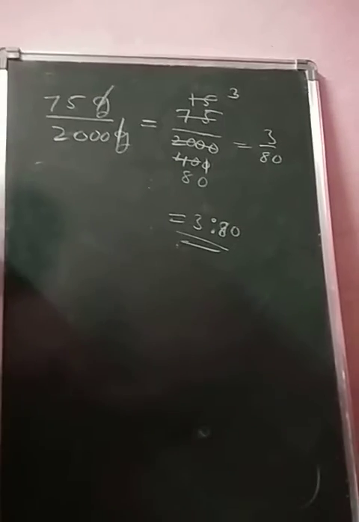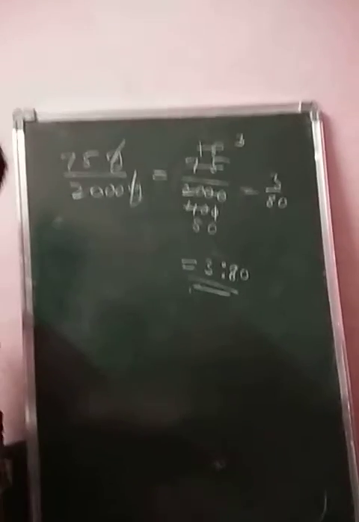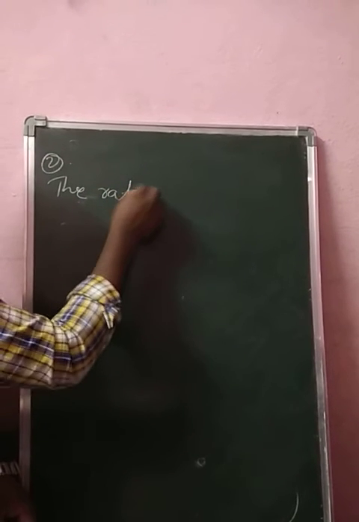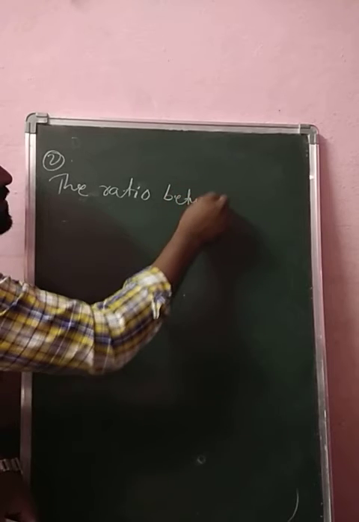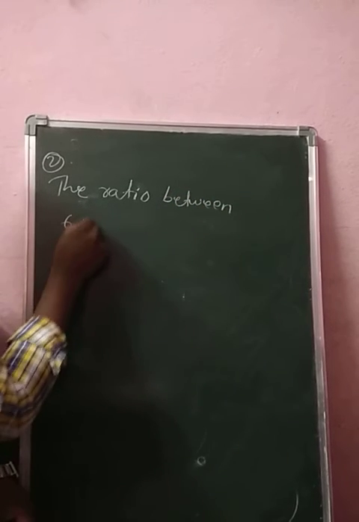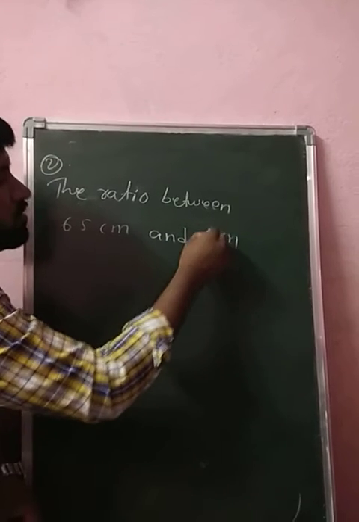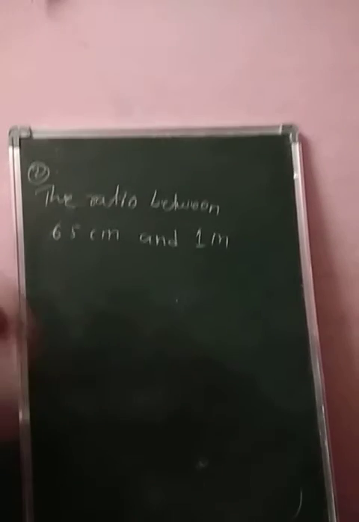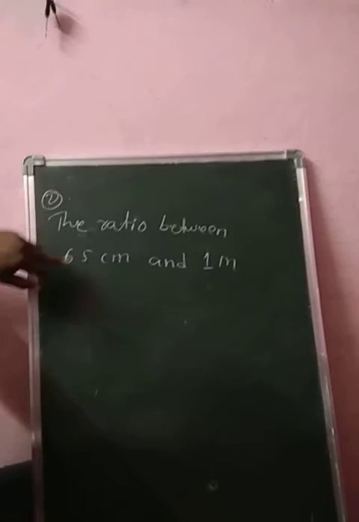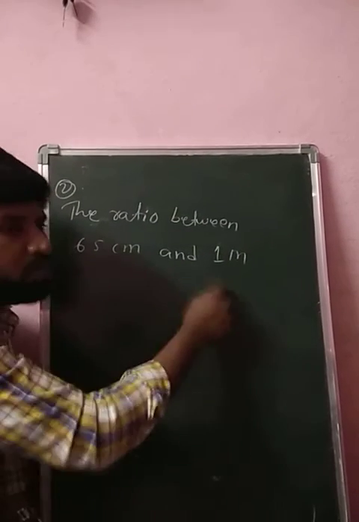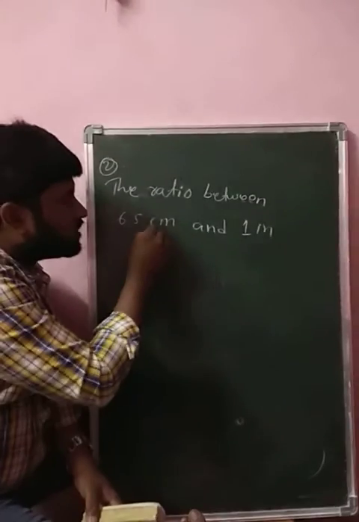See one more example. The ratio between 65 centimeter and 1 meter. ఇక్కడ టూ క్వాంటిటీస్ని కంపేర్ చేస్తుంటే you must observe the units.